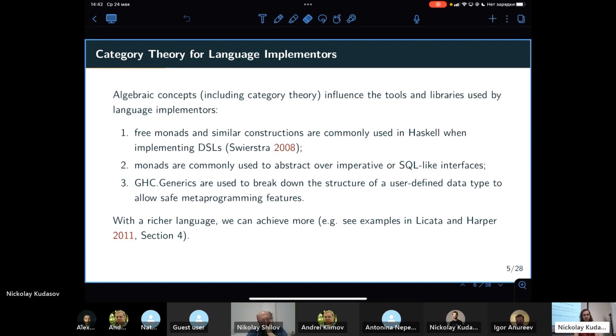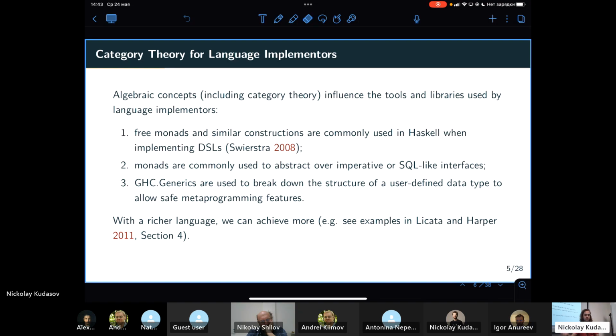When you implement a language in a functional programming language like Haskell, there are certain concepts that are algebraic in nature, and a lot of them come from category theory, that are used to construct these languages in a somewhat composable way, but also to assist with meta generation of some sort, or to automatically have the properties that you want for the kind of language that you want to work with.